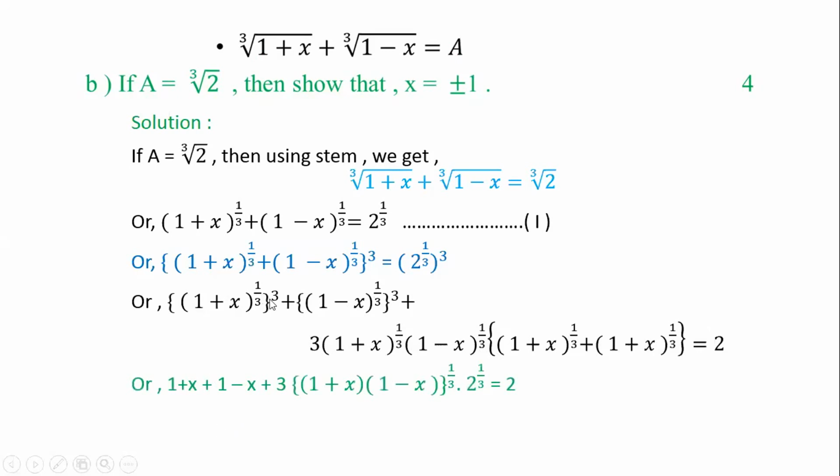Then from this term we get 1 plus x, and this term we get 1 minus x. Here this term remains unchanged, but using equation 1, which is 1 plus x to the power 1 by 3 plus 1 minus x to the power 1 by 3 equal to 2 to the power 1 by 3, then we get this equation. From this term we get this term.